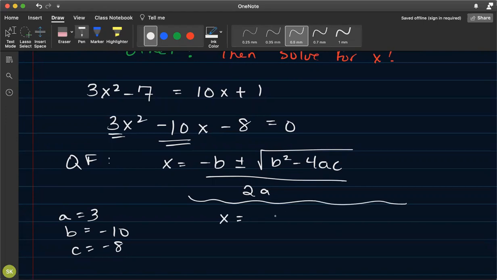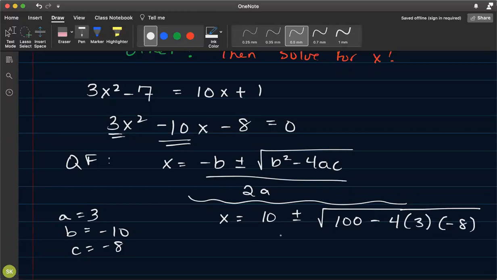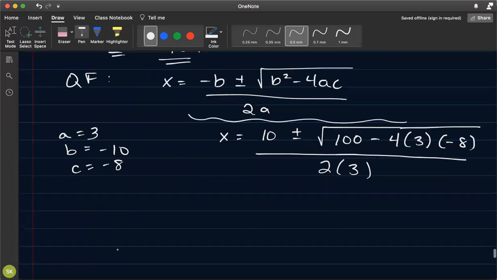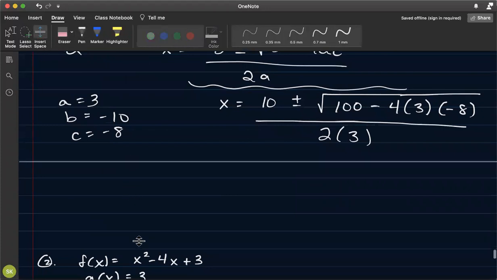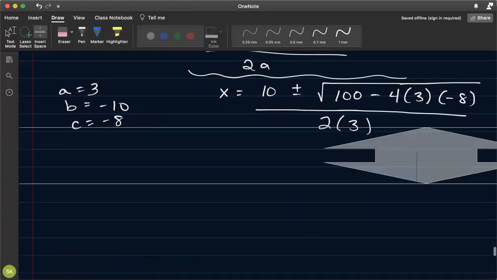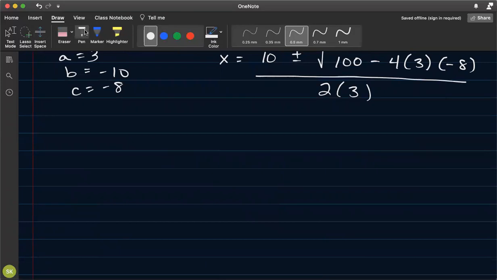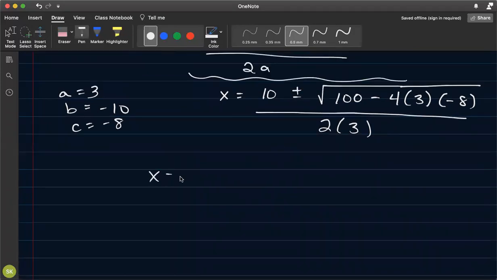So the opposite of b, that's 10 plus or minus the square root of b squared minus 4 times a, which is 3, times c, which is negative 8. And now we have some negatives that we're going to have to deal with, all divided by 2 times a. Okay, let's clean this up. We get x is equal to 10 plus or minus the square root of 100.